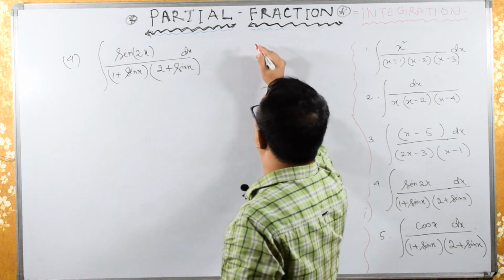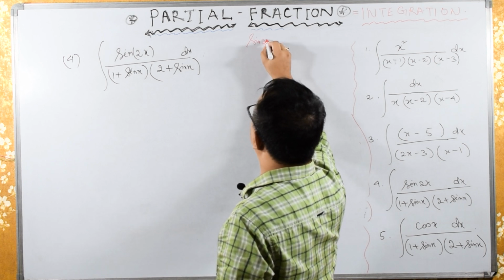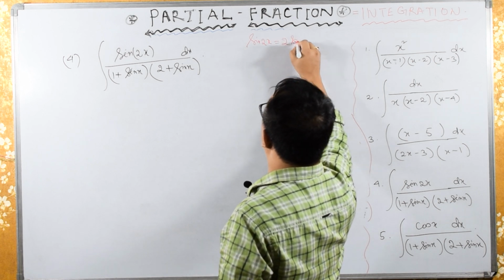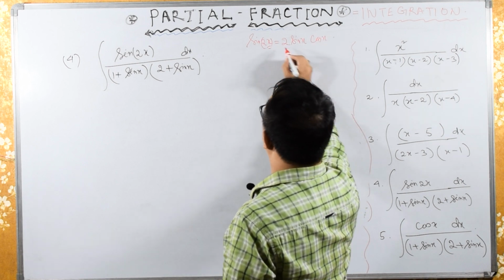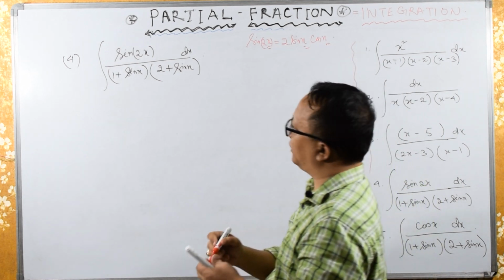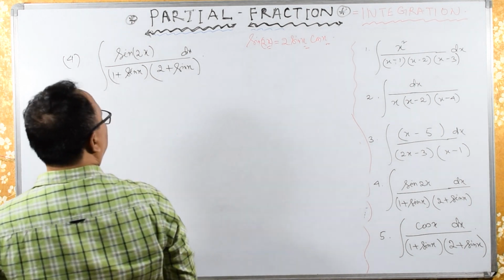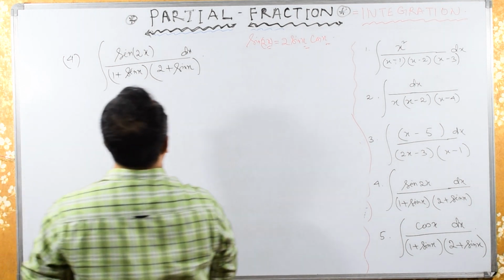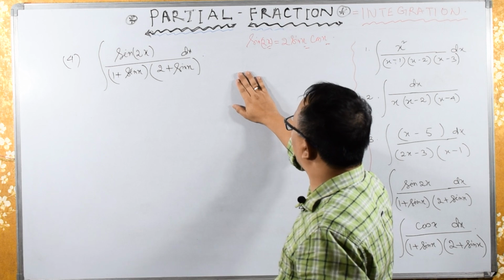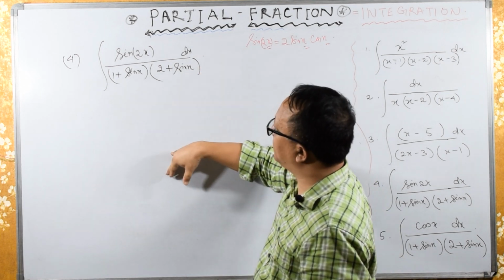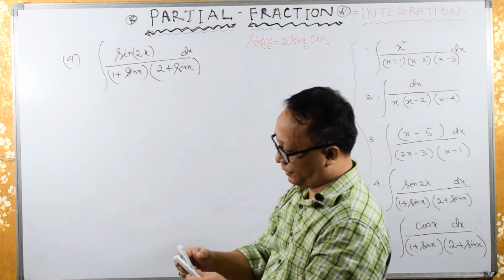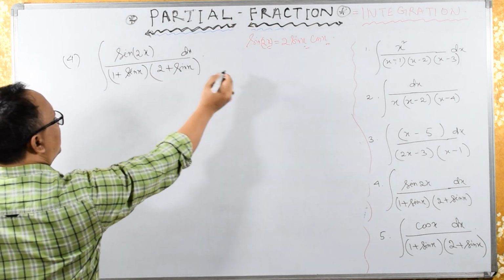Now these 2x become x and x. After that, we need to substitute, bringing it back to algebra, so that we can do it by partial fraction.